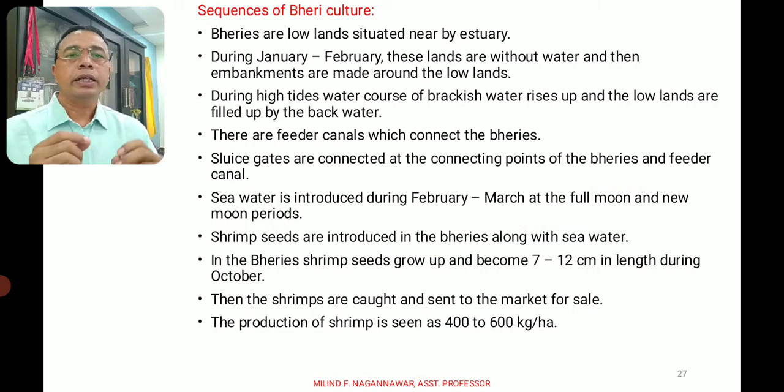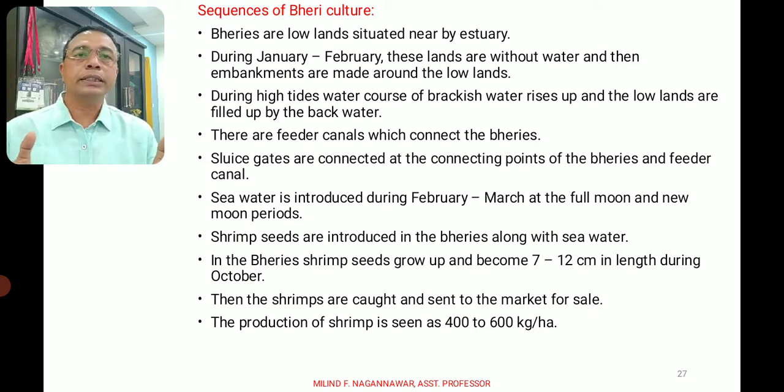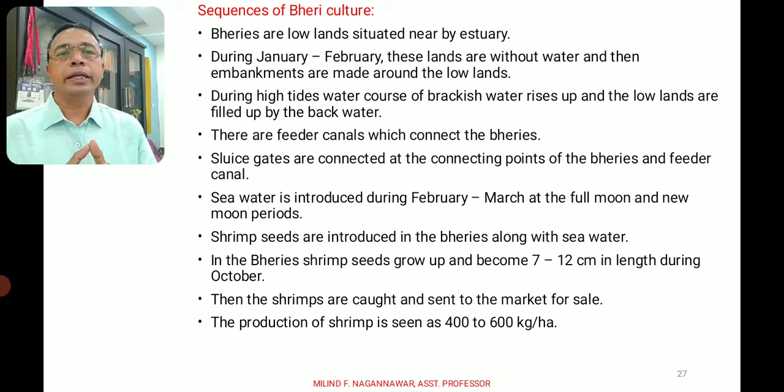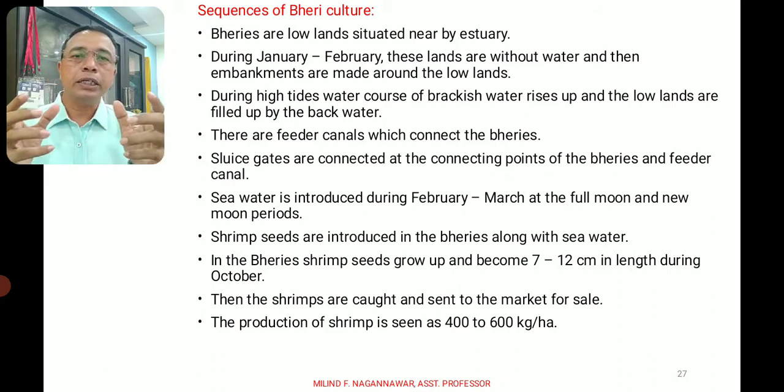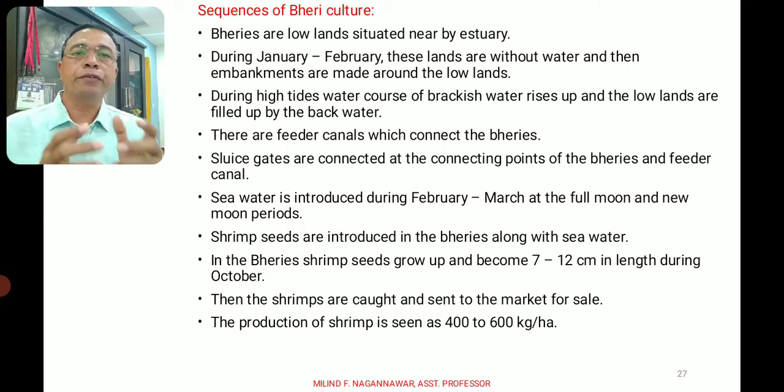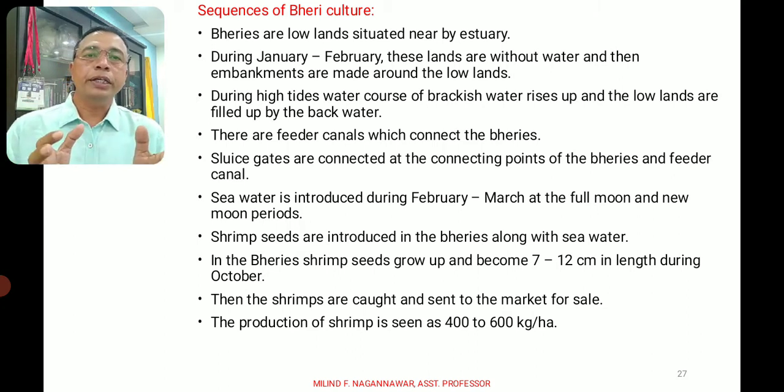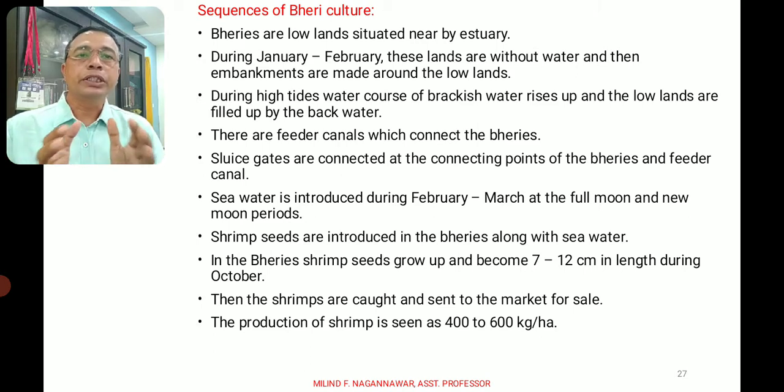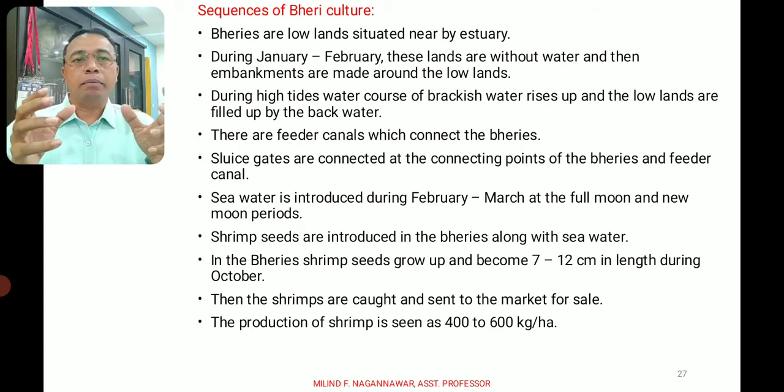So, what are the sequences in this berry culture? I told you that berries are lowland areas situated near the estuaries. During the month of January, there is no water in these tanks, and these tanks are then embanked all around.